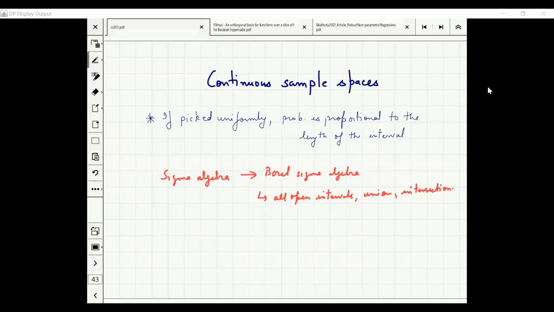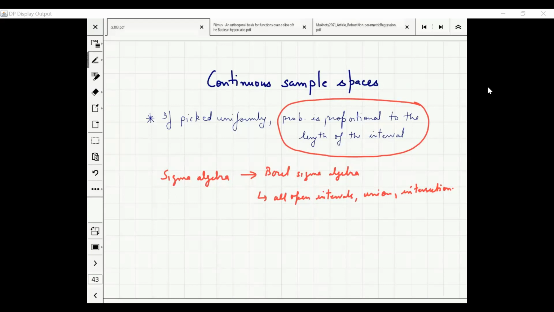So this is the smallest sigma algebra which contains all open intervals. And the probability distribution which we will think of on that would be the uniform probability distribution. That means the probability of an interval, an element of the Borel sigma algebra, is going to be proportional to the length of the interval.